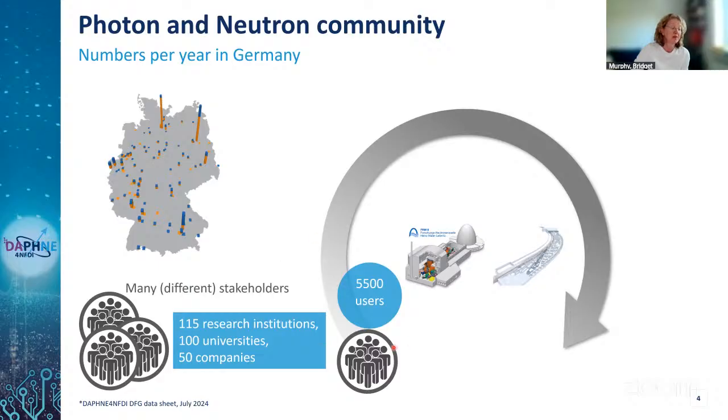And this builds up to a core of 5,500 users who use both neutron and X-ray or free electron laser facilities. These are large-scale facilities, so we prepare our samples or our experiments at home, and then we travel to these large-scale facilities. If you look at the map, you can guess where they are: here at Hamburg, in Berlin, and in Garching.